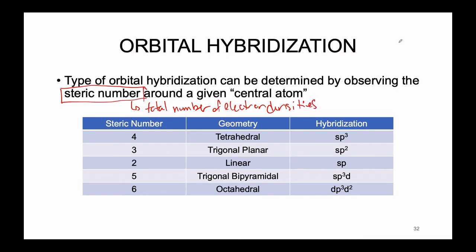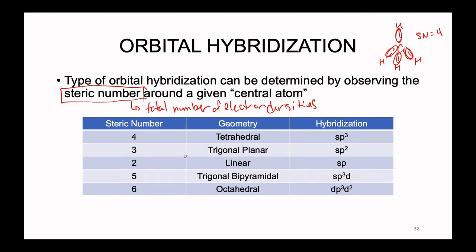So for example, returning to our CH4 example, this central carbon is surrounded by 1, 2, 3, 4 different bonds, and these 4 bonds are considered to be electron-dense groups. So the steric number of CH4 is also going to be equal to 4.